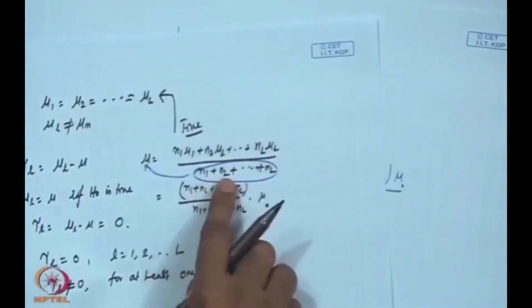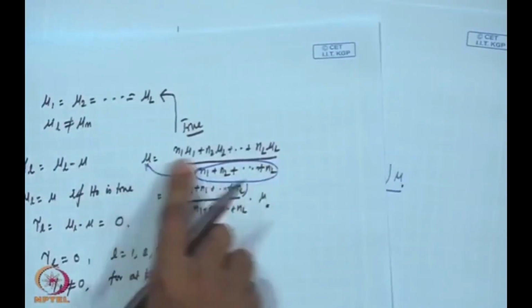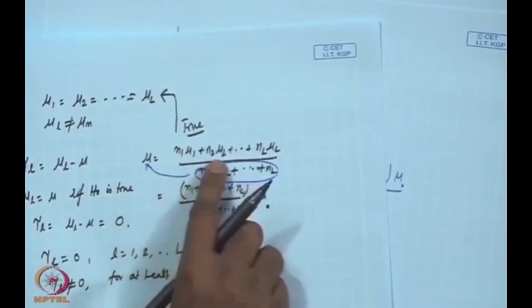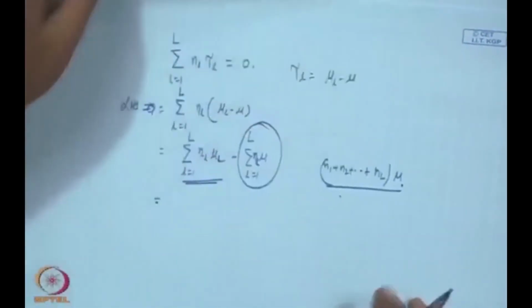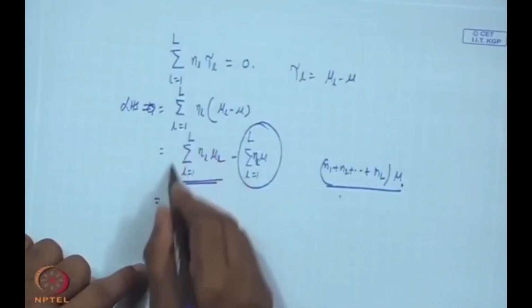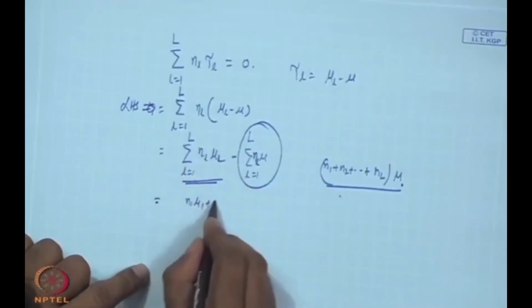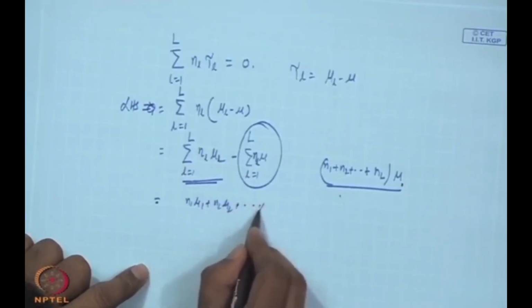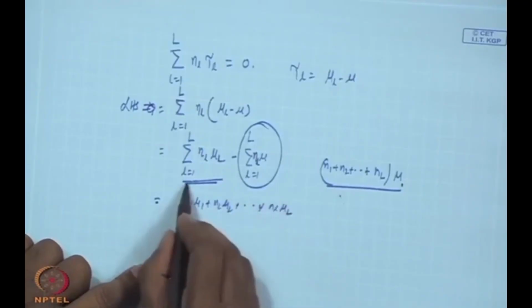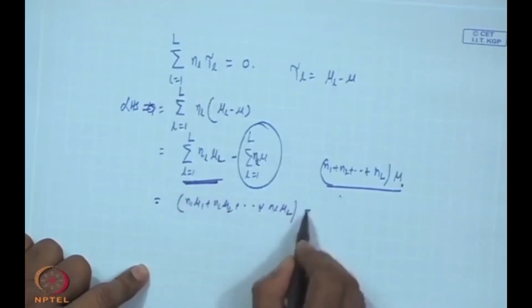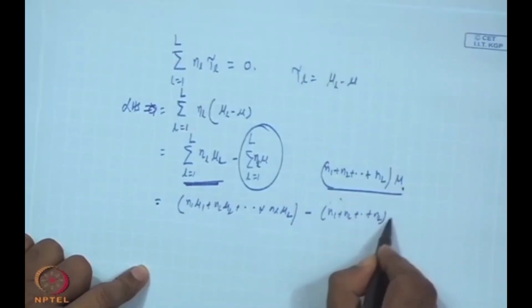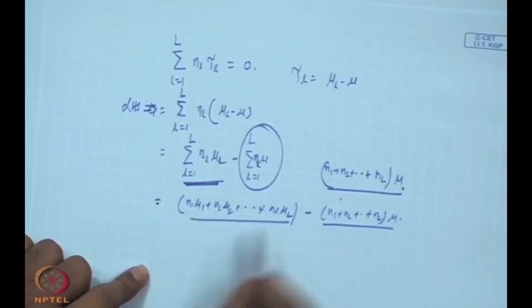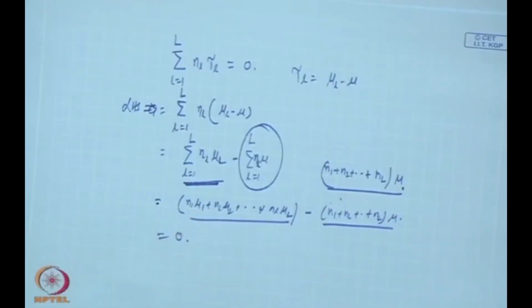And I have told you that N 1 plus N 2 plus N L into mu equal to N 1 mu 1 plus N 2 mu 2 plus N L mu L. So, again this N 1 mu 1 plus N 2 mu 2 plus N L mu L, minus N 1 plus N 2 plus N L into mu, this quantity equal to this quantity, becomes 0.